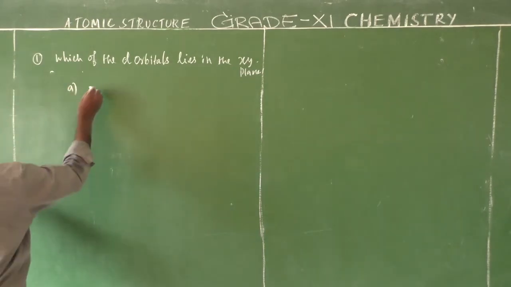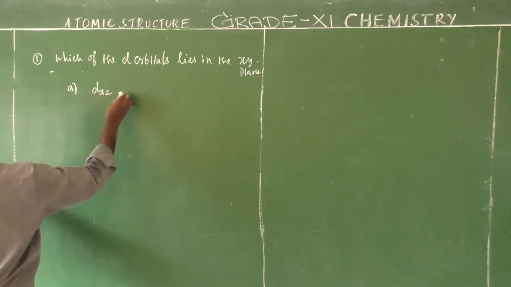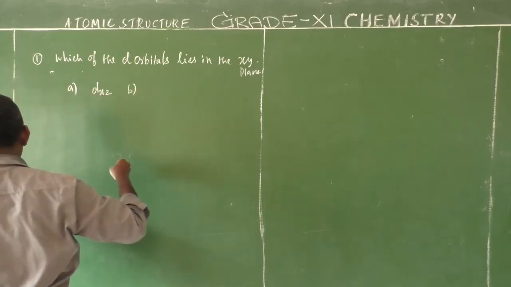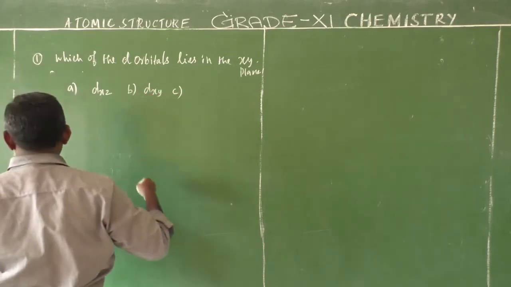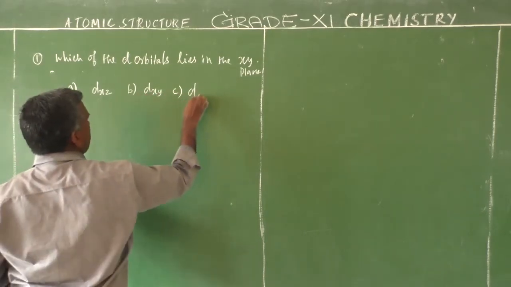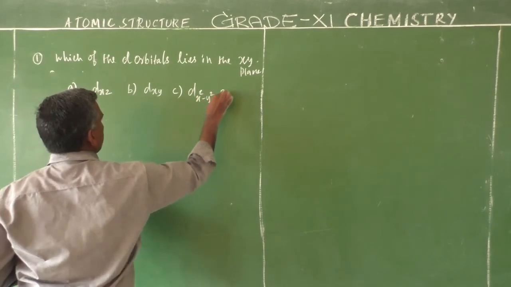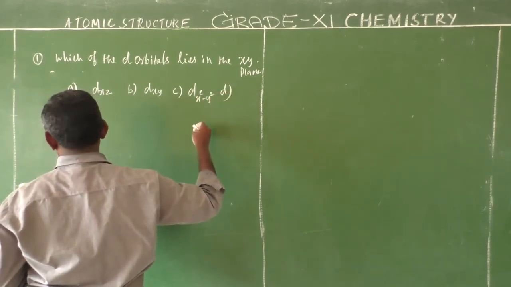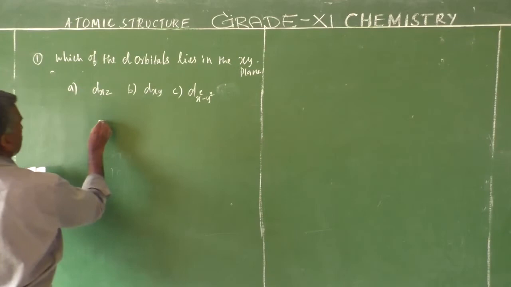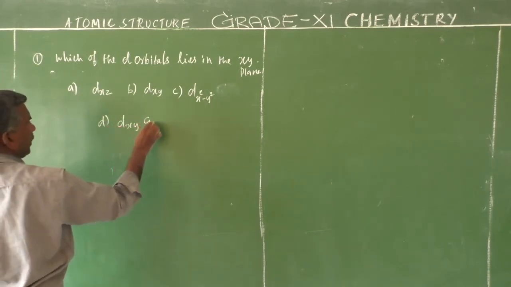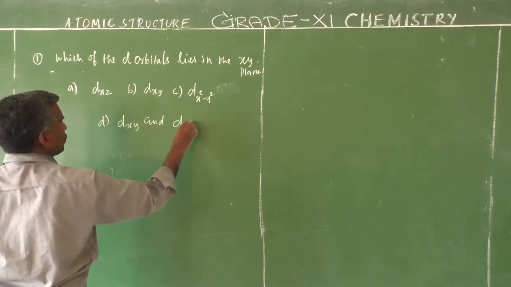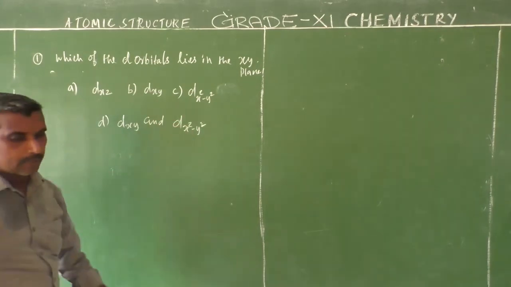Option A: dxz. Option B: dxy. Option C: dx squared minus y squared. Option D: dxy and dx squared minus y squared.